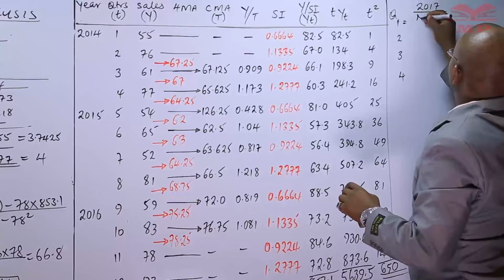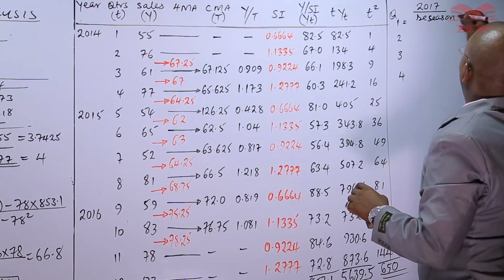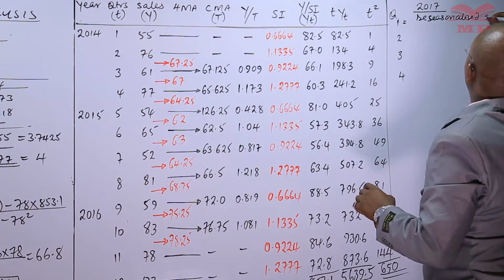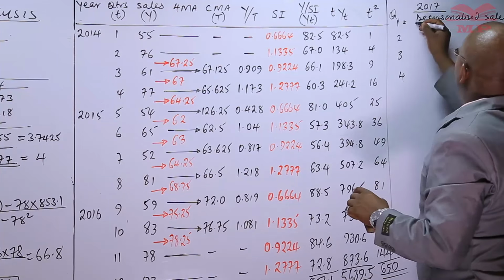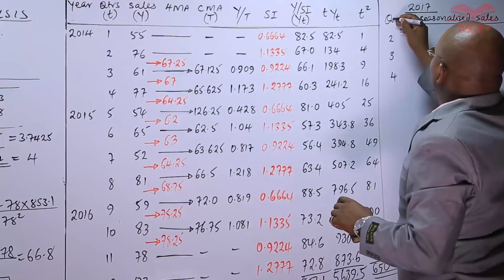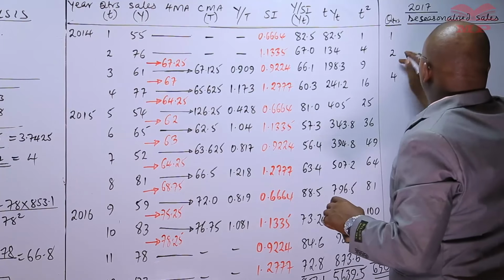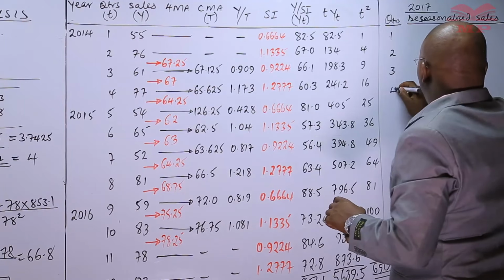So this is deseasonalized sales, and these are quarters 1, 2, 3, and 4.